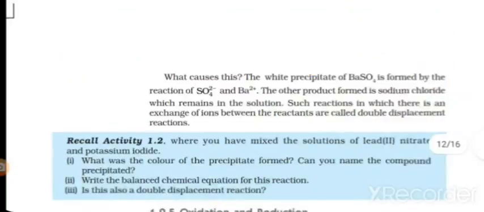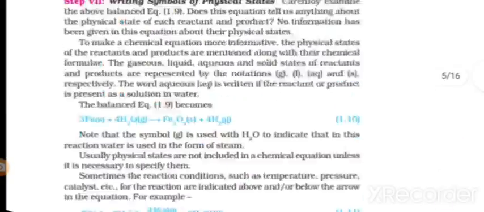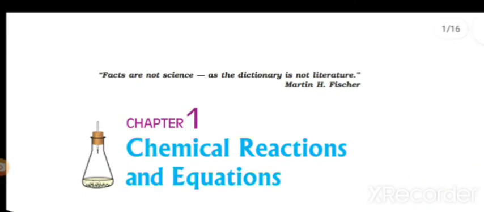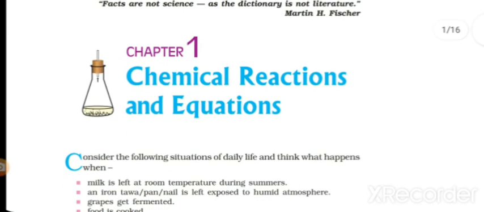Okay. So this was all from my side regarding this chapter. And before we start the word by word explanation, let me make you very clear. The students who feel that chemistry is a tough subject, please take it out from your mind. It is one of the easiest subjects among all the subjects. Okay.